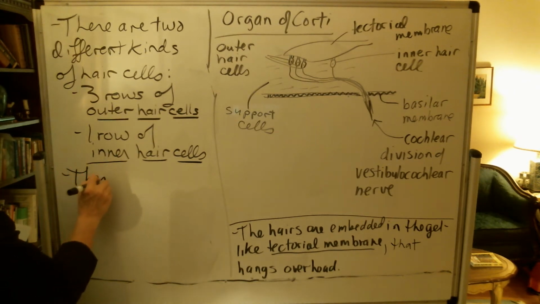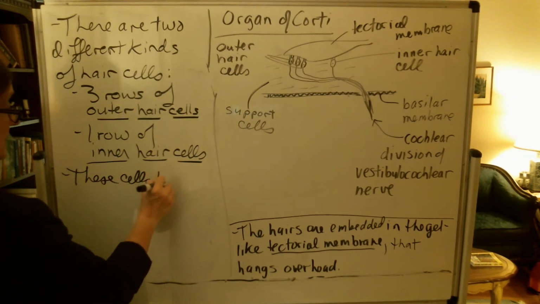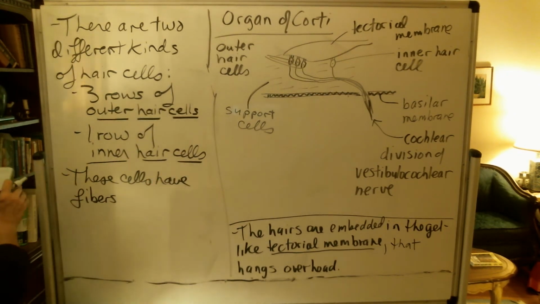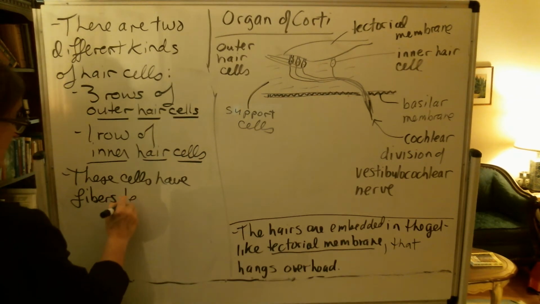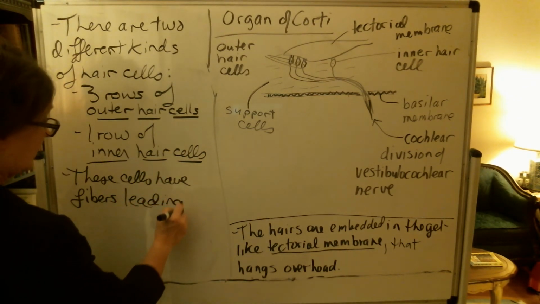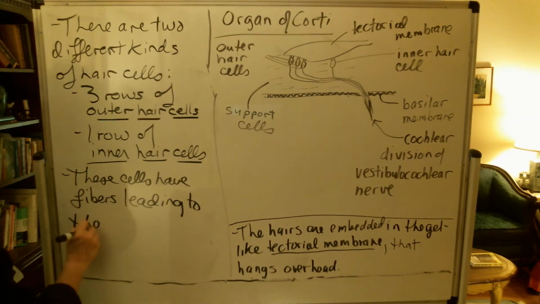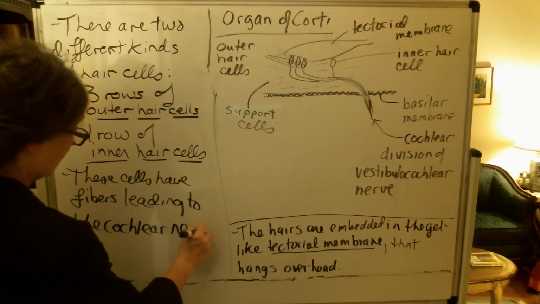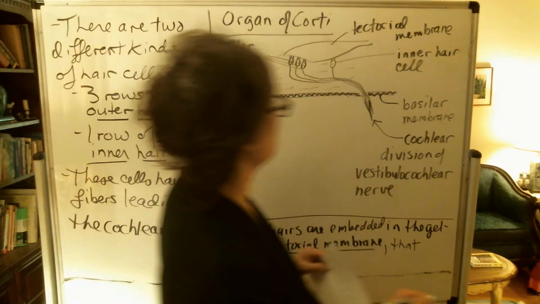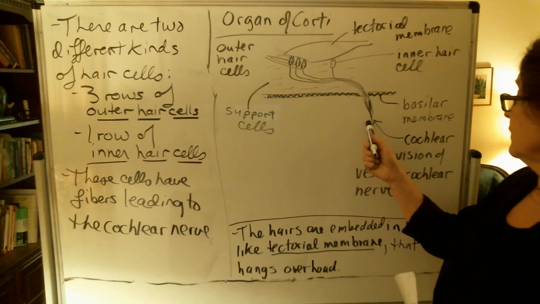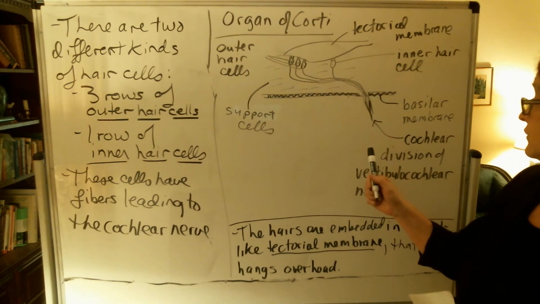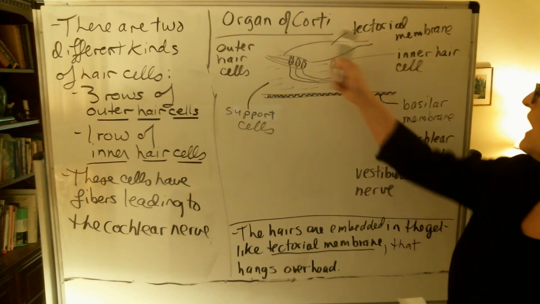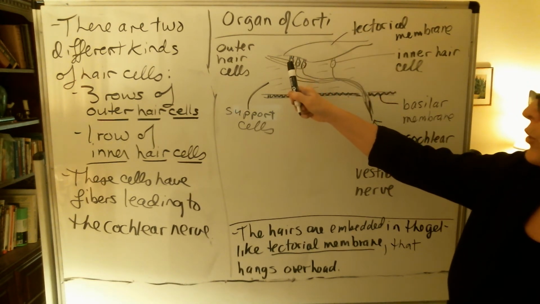And these cells have fibers leading to the cochlear nerve. Okay, so here's the business end of hearing. Here we have the cochlear nerve, the cochlear division of the vestibulocochlear nerve. This is taking information to the brain from the organ of Corti.